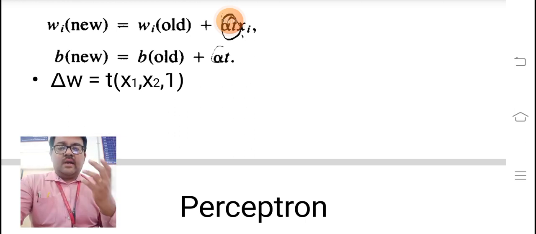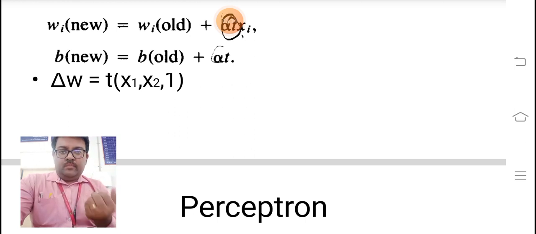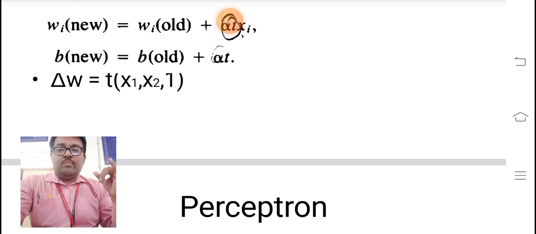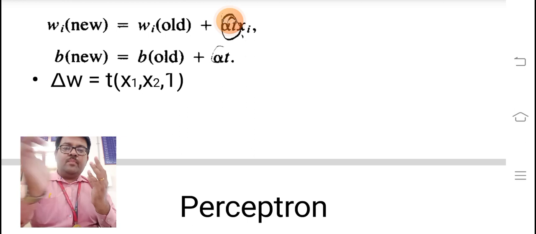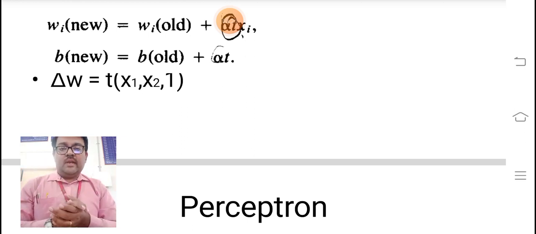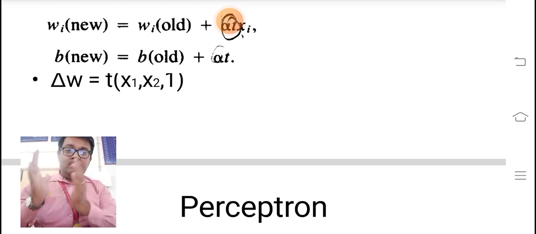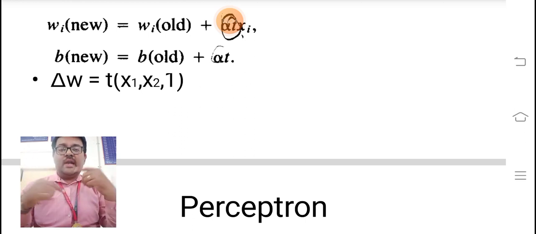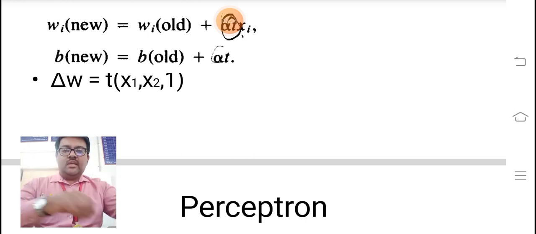What is target? Target is the expected outcome. There is net y_in, and based on the net value compared with theta, you find out what the output is, that is y, and then you have the target. Target is the output you expect. So you compare the output with the target in perceptron, right? Till the target becomes equal to the output, you keep on continuing. So this is the process in the perceptron.